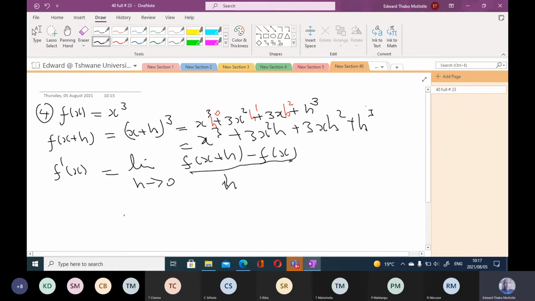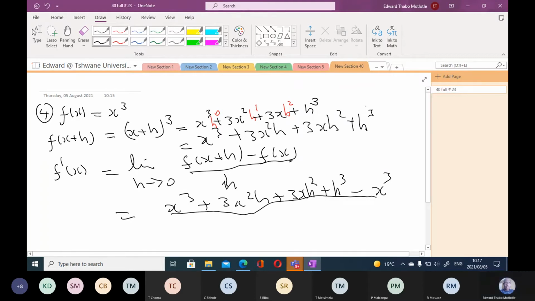So this is equal to x to the power 3 plus 3x squared h plus 3xh squared plus h to the power 3 minus x to the power 3, all over h.